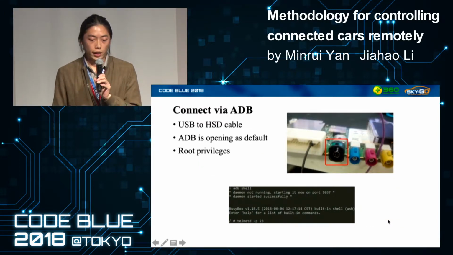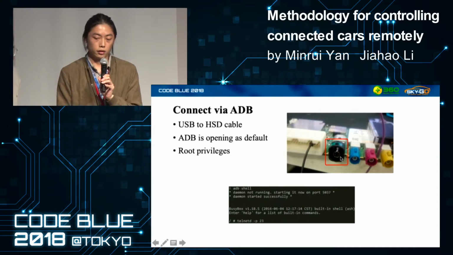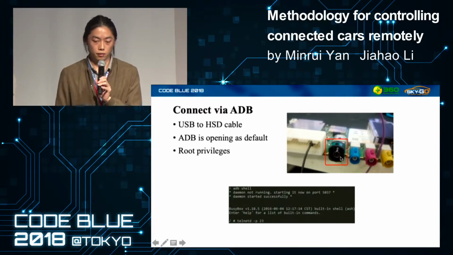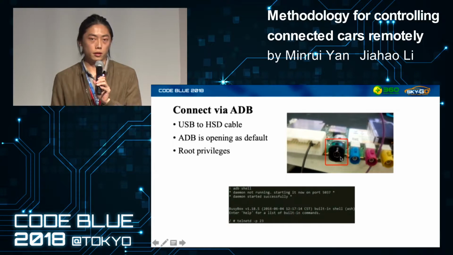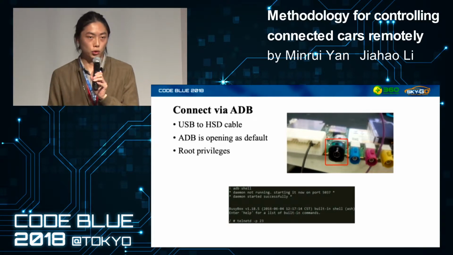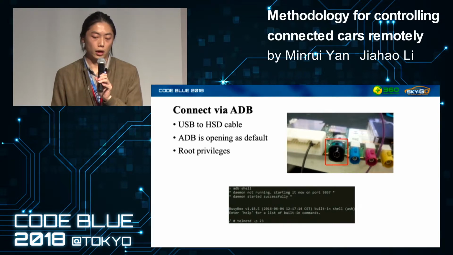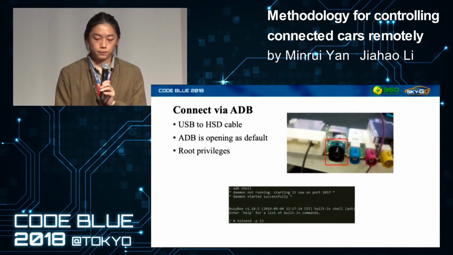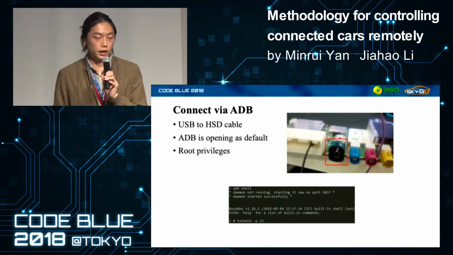The port in red looks like an HSD interface, but actually it's a USB interface. We only need to make a USB to HSD cable and connect to our computer. Use the ADB command, then we will connect to the T-Box and get root privilege.